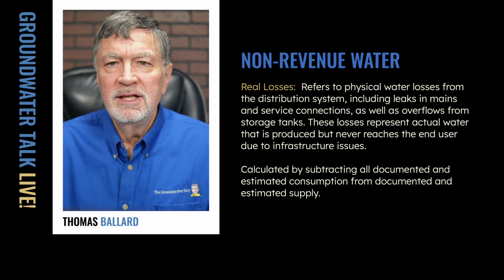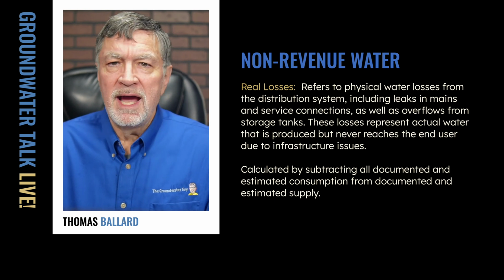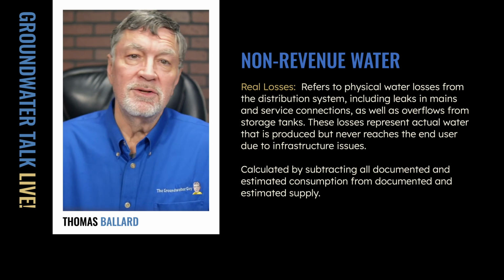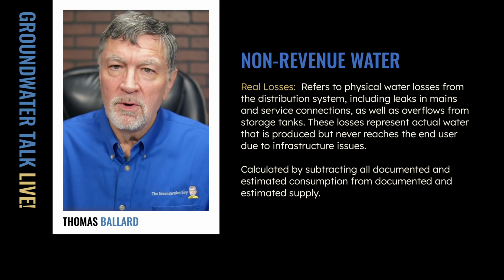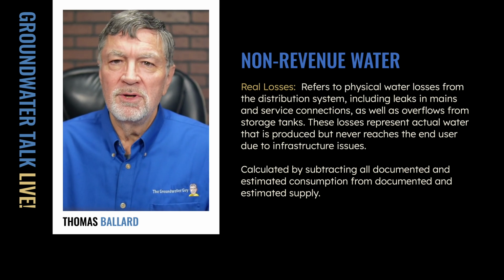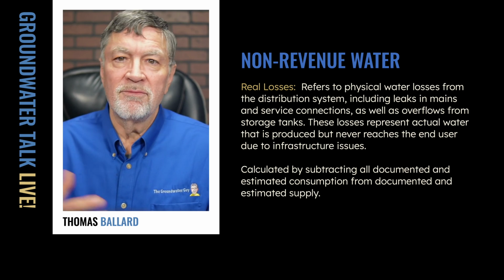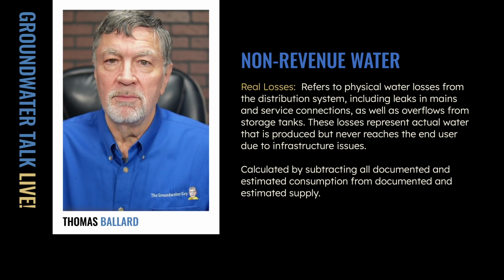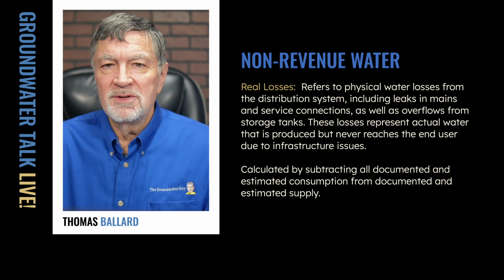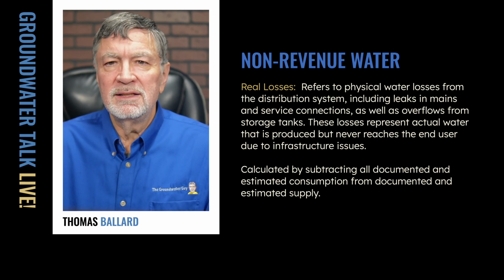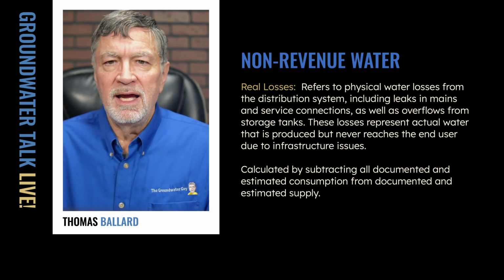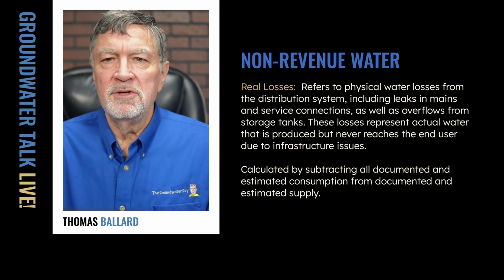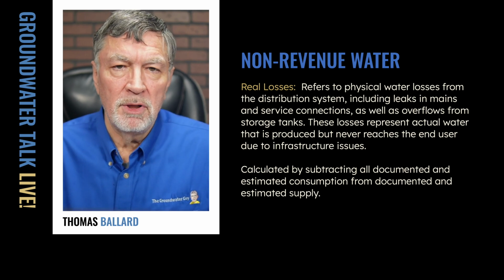So anyway, these losses represent actual water that your system has produced and paid for, but never reaches the end user due to infrastructure issues, and therefore you don't get any revenue from it. So generally, this is calculated by subtracting all documented and estimated consumption from documented and estimated supply.